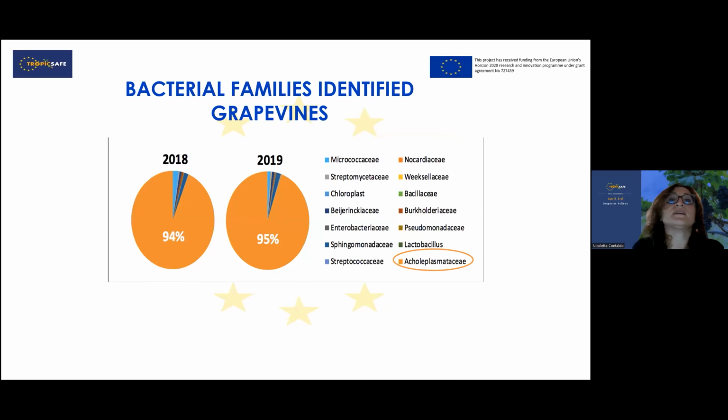But looking better inside the bacterial community and the bacterial families that we identified in the grapevines in the two years of sampling, almost 95% of the bacterial community was composed of phytoplasmas, and only a small percentage was other bacterial families.